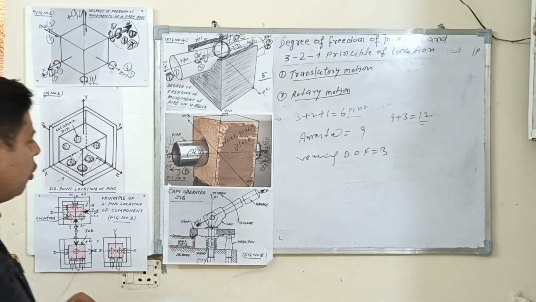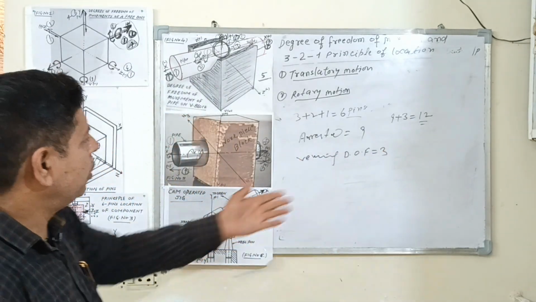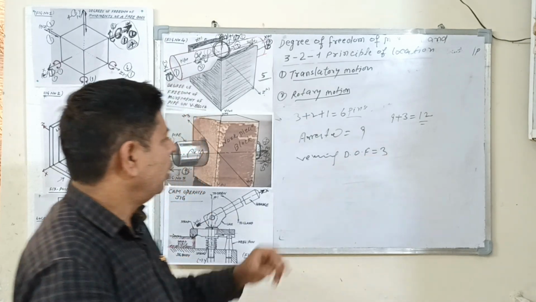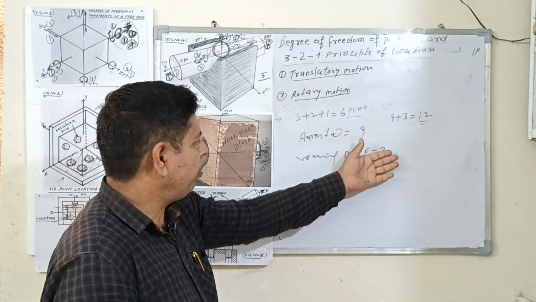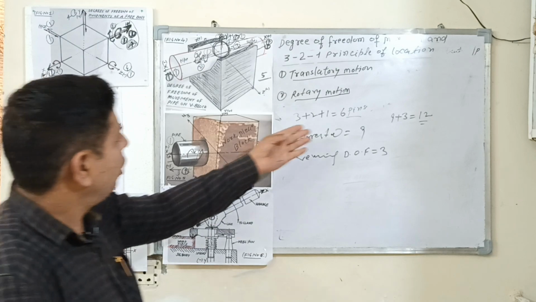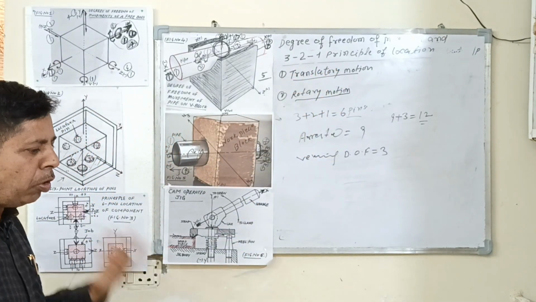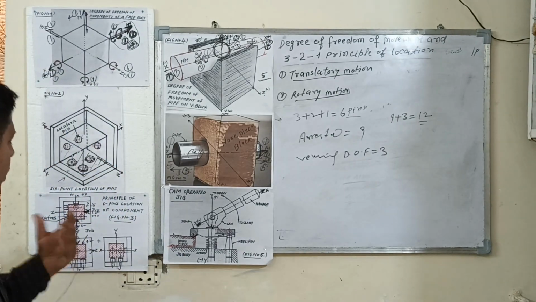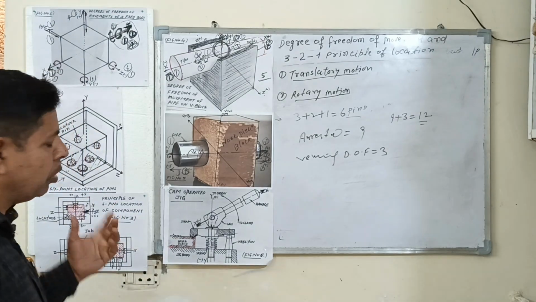How to control the remaining 3 degrees of freedom? The 3 degrees of freedom are generally used for the clamping purpose, not for other locating pins. More locating pins cannot be added, because there are so many problems created in loading the workpiece on the jig and fixture.